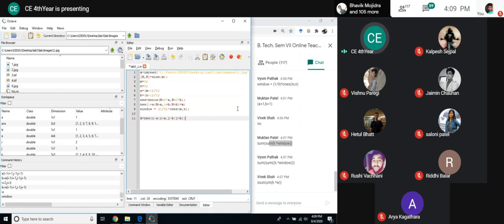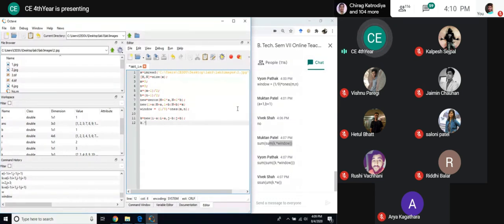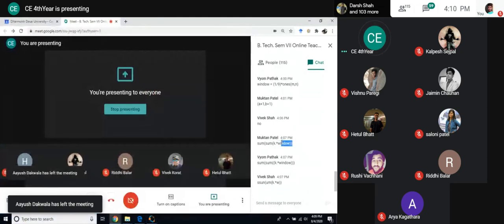So now I have my 3 cross 3 neighborhood, or 5 cross 5, whatever is expected. I already have window with me. Whatever k is extracted should be multiplied with window. I'm going to copy the command given by Muktan. I assume that it is correct.